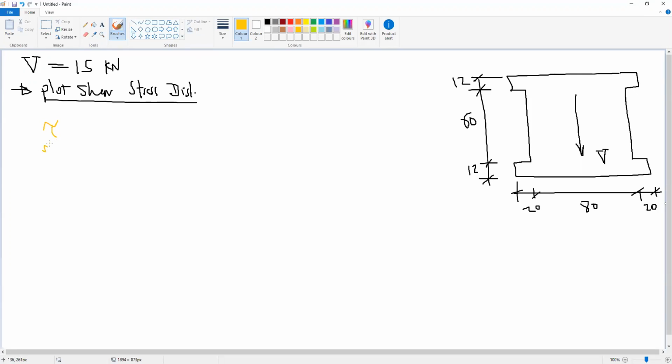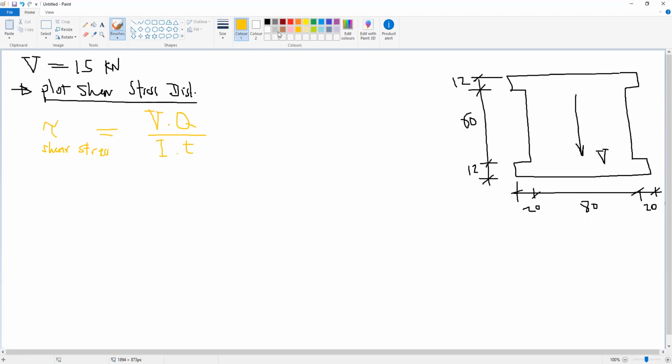Tau is the shear stress at any point. The shear stress is equal to V, the shear force, multiplied by Q, the moment of area, divided by I, inertia, multiplied by t, which is the thickness.